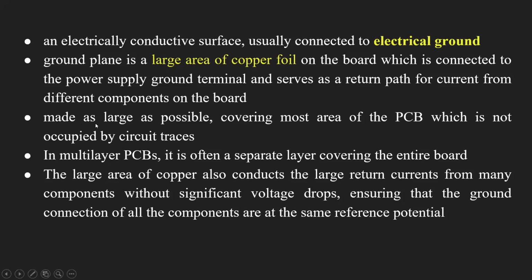So it is made as large as possible, covering most of the area of the PCB which is not occupied by the circuit traces. Circuit traces means the connections between the components.